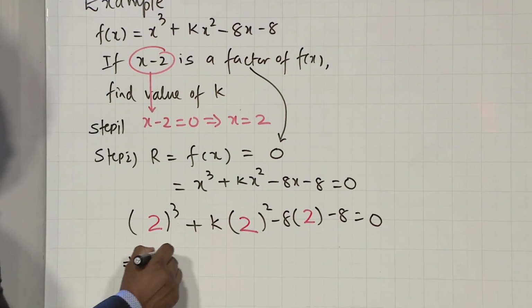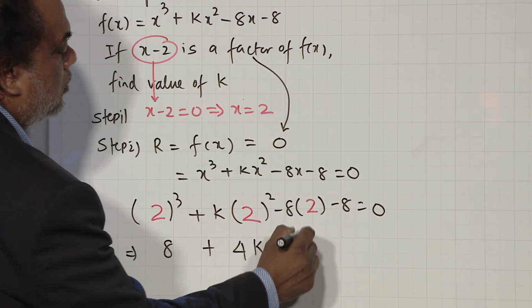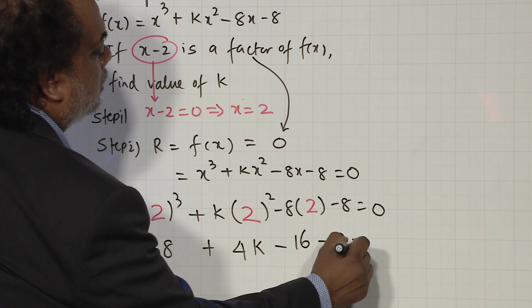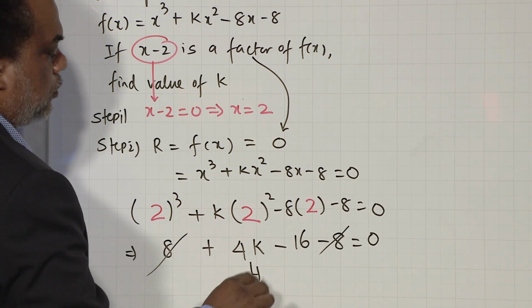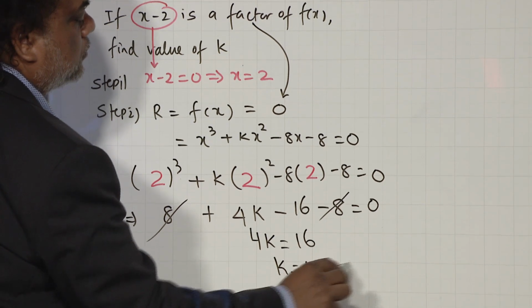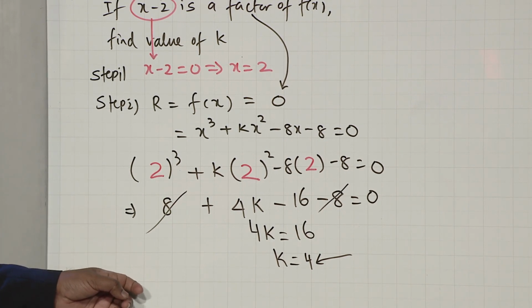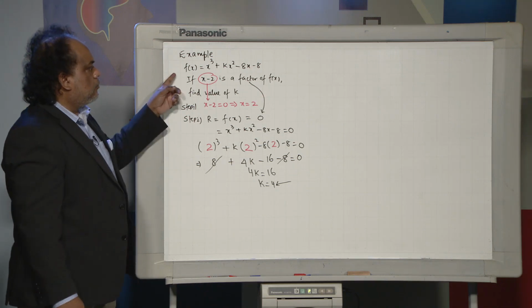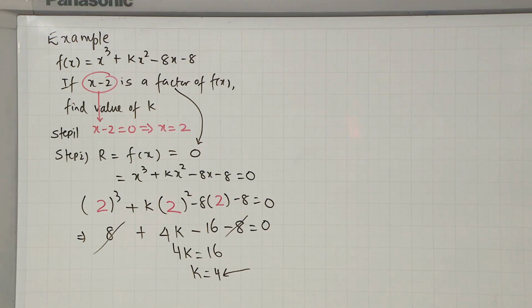This gives me 8 plus 4k minus 16 minus 8 equal to 0. So 8 minus 8 cancels. 4k is equal to 16. k is equal to 4. So that's the answer. k is equal to 4, for x minus 2 to be a factor of f(x).